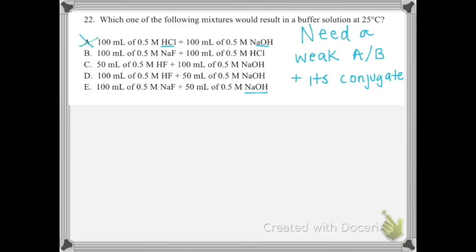In B, we have sodium fluoride and HCl. So sodium fluoride does dissolve to form Na plus and F minus. And F minus is a weak base, and it's the conjugate of HF.